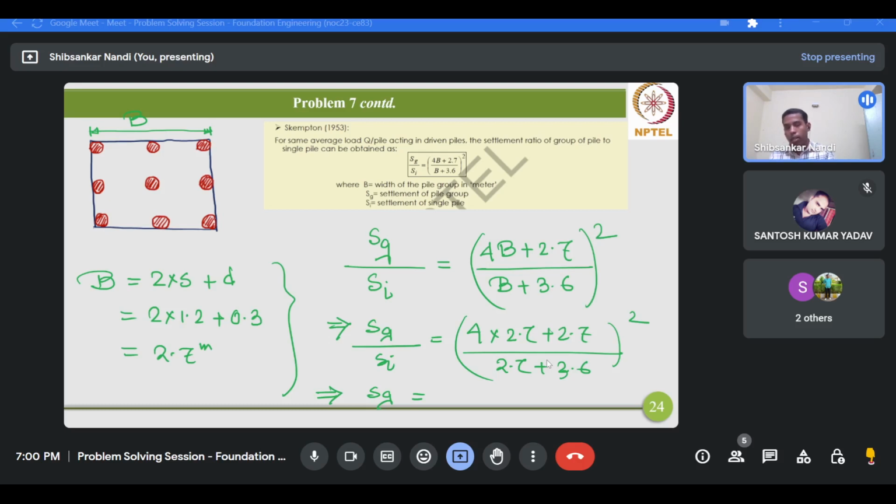This ratio multiplied by the individual pile settlement, which is 8.5 mm, which we have already calculated, will give you the group pile settlement as approximately 39 mm. So using Skempton's method, we can extrapolate the settlement of an individual pile to the settlement of a group pile. Now this is the method which is given by Skempton.